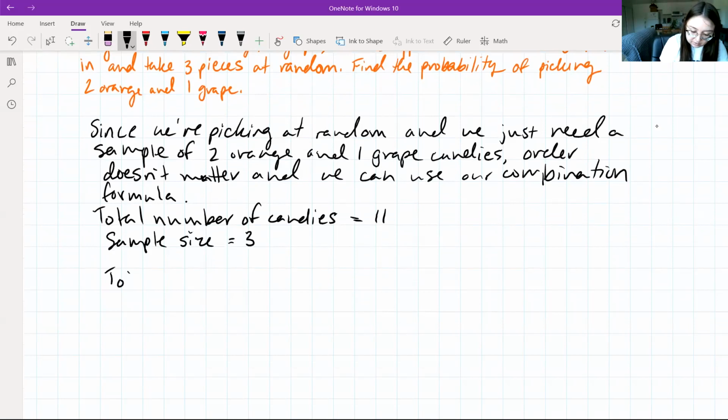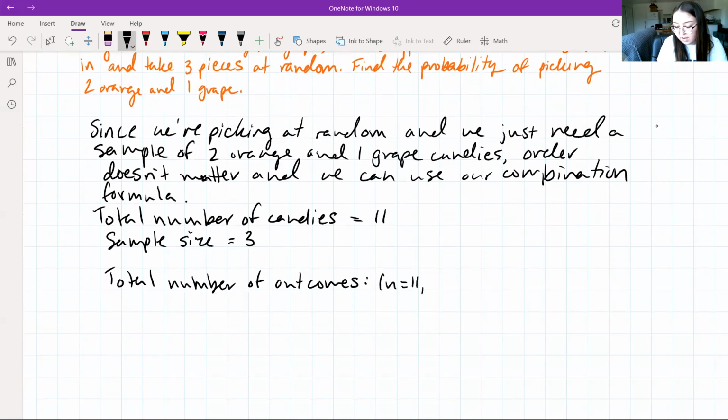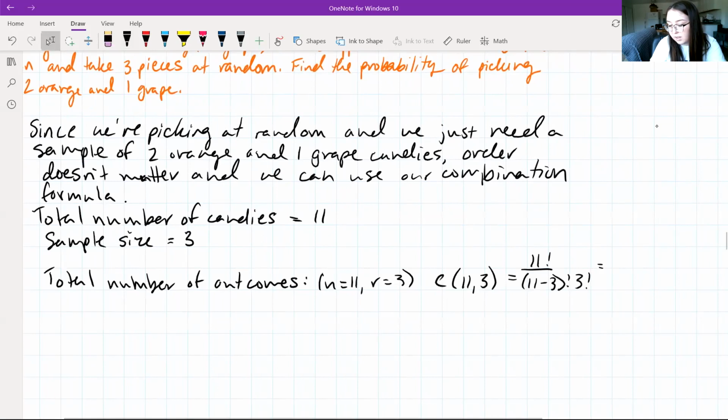So our total number of outcomes is going to be n equals 11, r is equal to 3. We're going to get the combination of 11 and 3, which you know is 11 factorial divided by 11 minus 3 factorial times 3 factorial, which we end up getting 11 factorial divided by 8 factorial times 3 factorial.